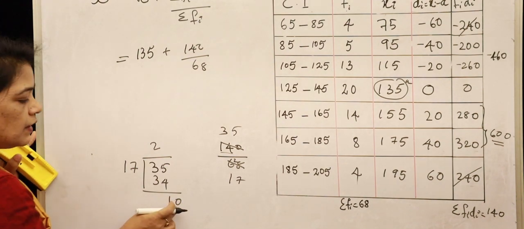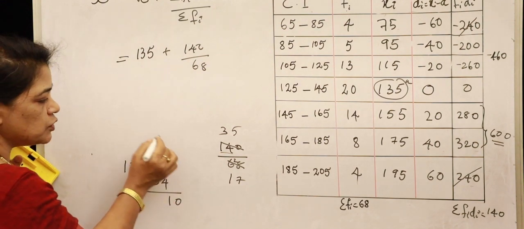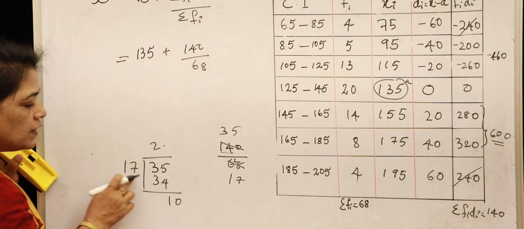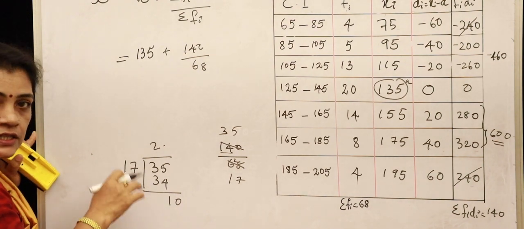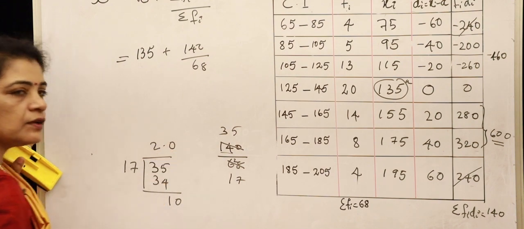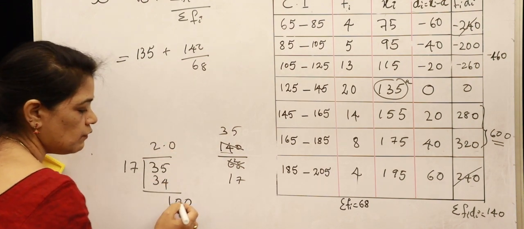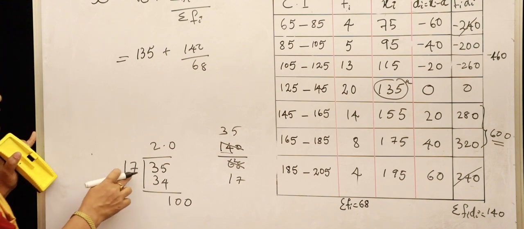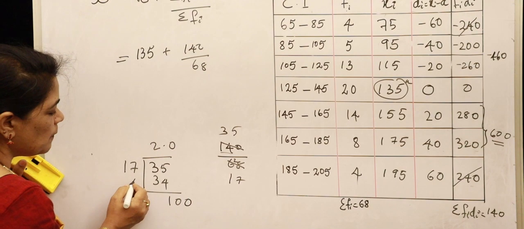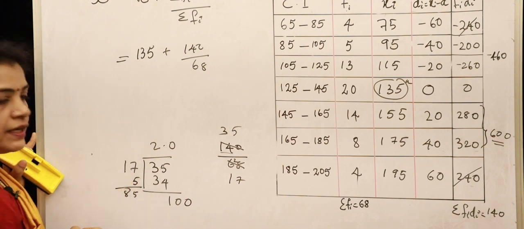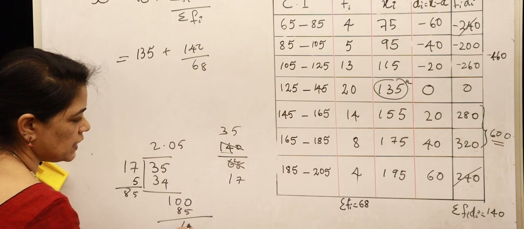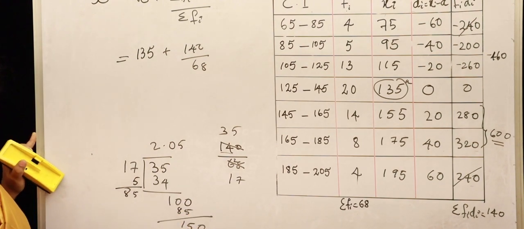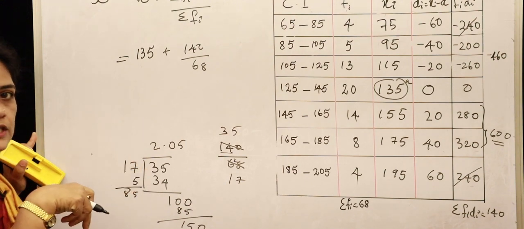We added 0, that means we have to put a decimal point, and 17 in 10 is less than 17 even after adding 0. So you have to put 0 over there, and next you can add one more 0. So 17 in 100, can we take 5? 35, 85. Yes, 5, that is 85, and remainder is 15, and one more place we can find out, so that you can easily round off into 2 decimal places.